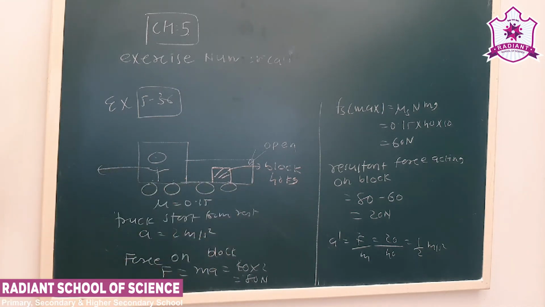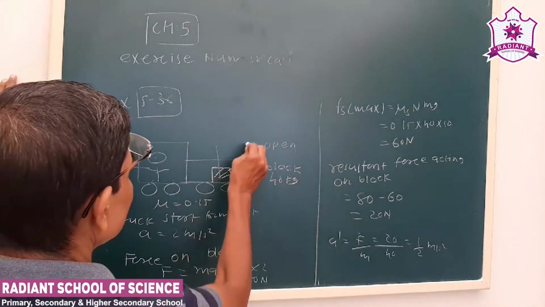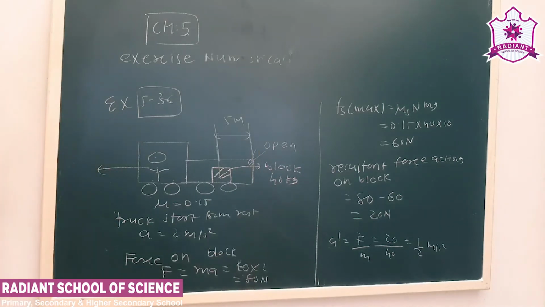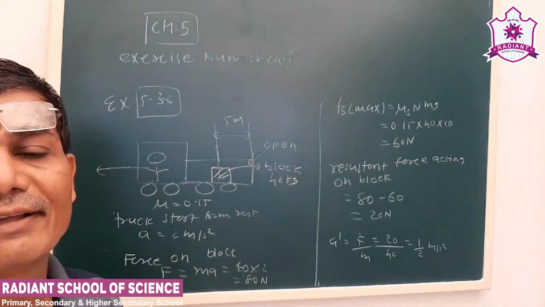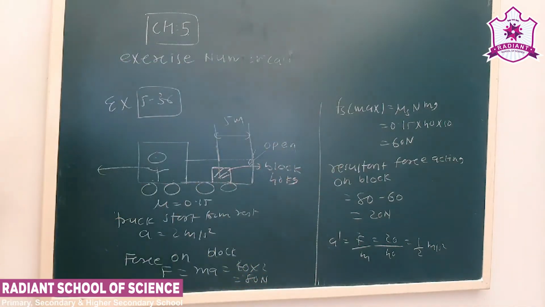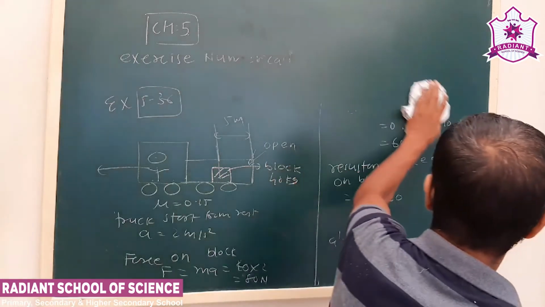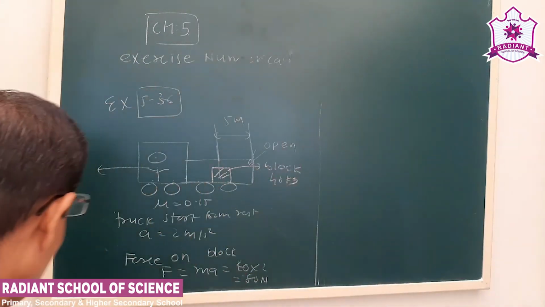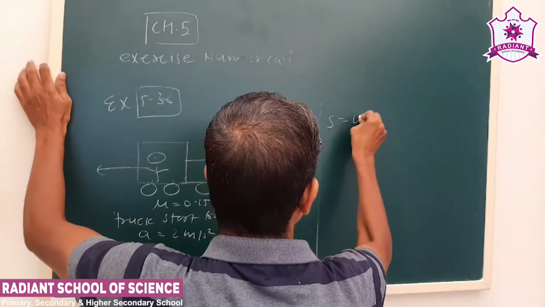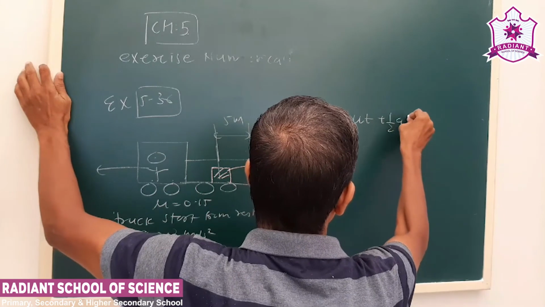Now see, the distance given from the rear part is 5 meter. So to fall down, it has to travel a 5 meter distance. So we can calculate the time required. We use the formula S is equal to ut plus half at square.